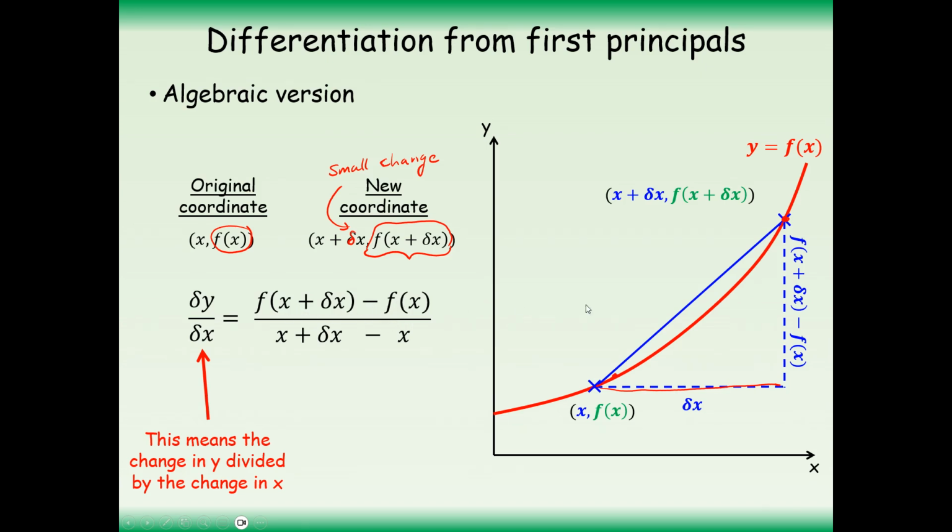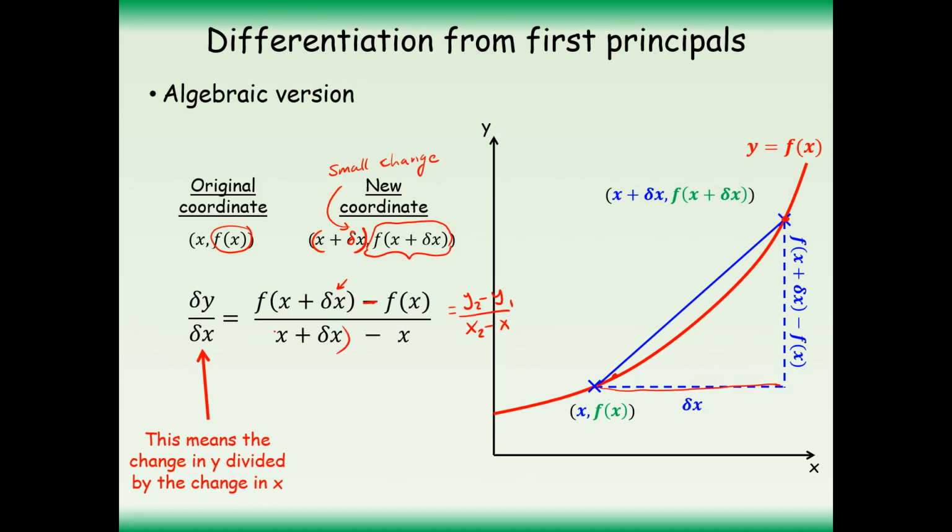So we apply the function to this coordinate, evaluate the function there, and subtract the original point from it. So the top of the fraction is the change in y, like y2 minus y1, and the denominator is x2 minus x1.